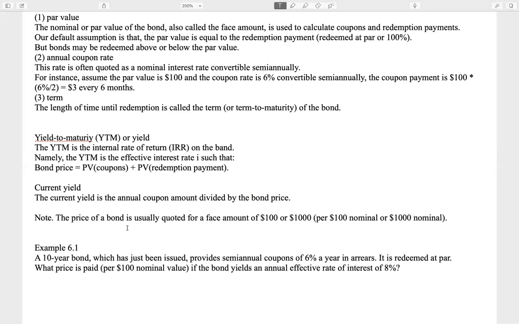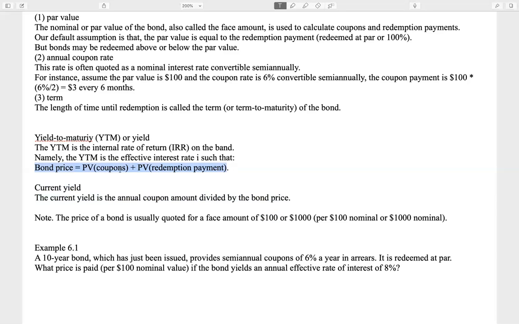The price. When we talk about price, obviously it relies on the par value, right? Because par value determines the coupons and the redemption payment, right? So if you look at this formula, in order to calculate the bond price, you need to know the right-hand side, right?